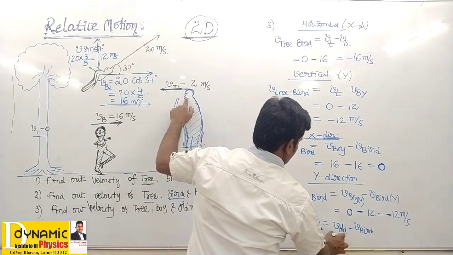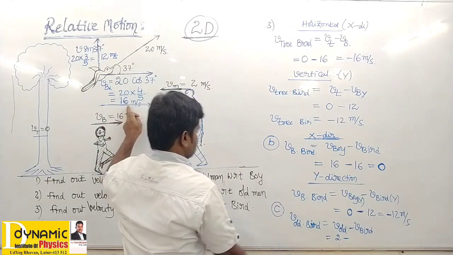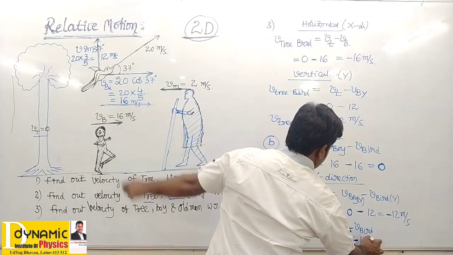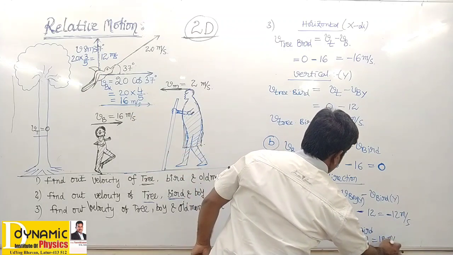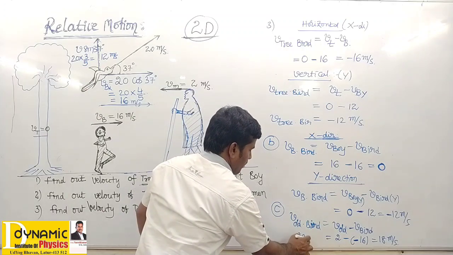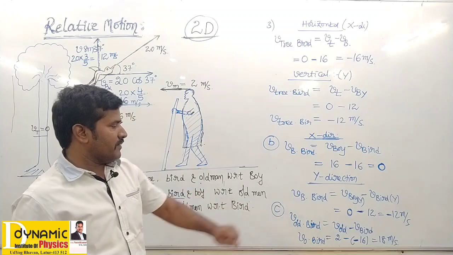The old man approaches the bird, and the bird's velocity is 16. Both directions are opposite, so minus of minus 16 gives 18 meter per second for the velocity of the old man with respect to the bird.